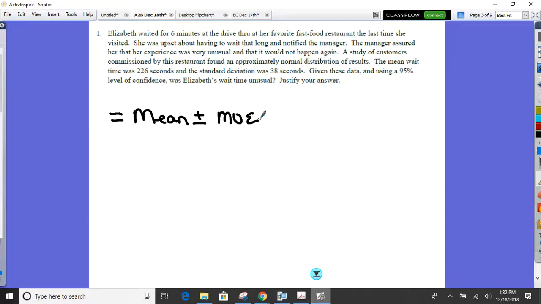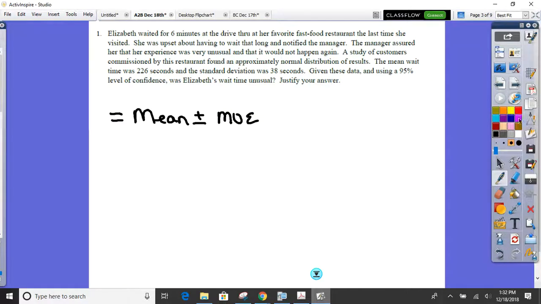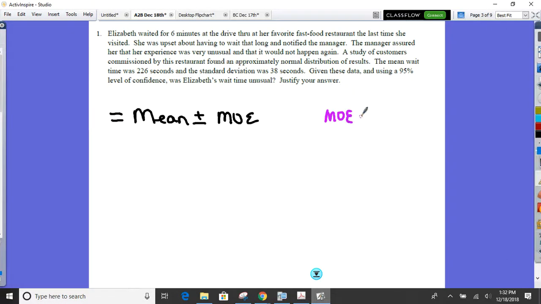So it looks like I'm going to have to go off to the side and calculate that. My margin of error is plus or minus 2 times what number up here? 38 seconds. Plus or minus 76 seconds.